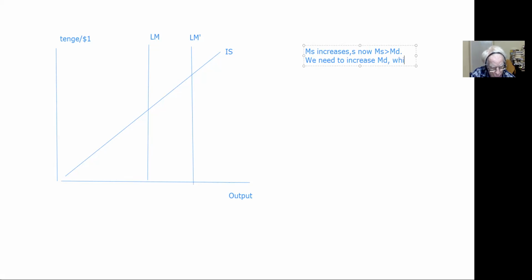But the amount of money that we want to hold depends in this model only on the interest rate and real income or output. The interest rate is fixed by global monetary markets, so that cannot change in the analysis.